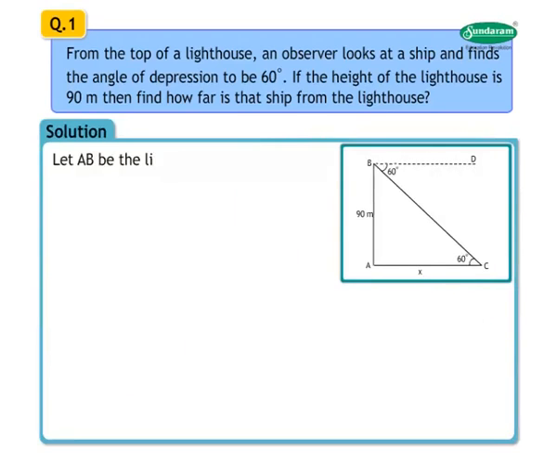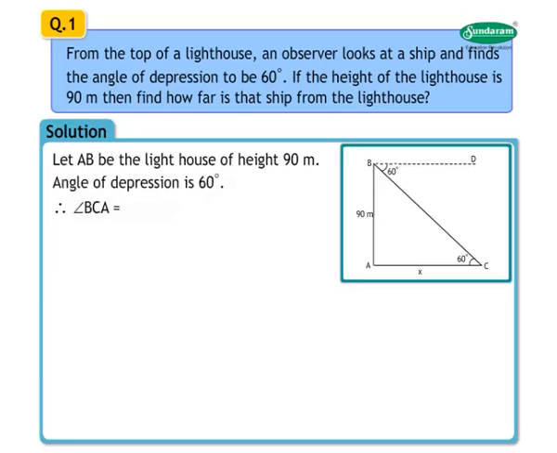Solution. From the figure, AB is the lighthouse of height 90 meters. Angle of depression is 60 degrees. Therefore, angle BCA is equal to 60 degrees. Let AC be the distance of the ship from the lighthouse.